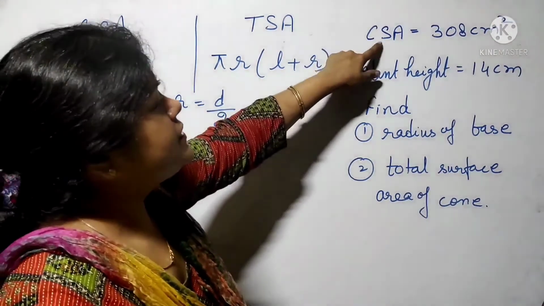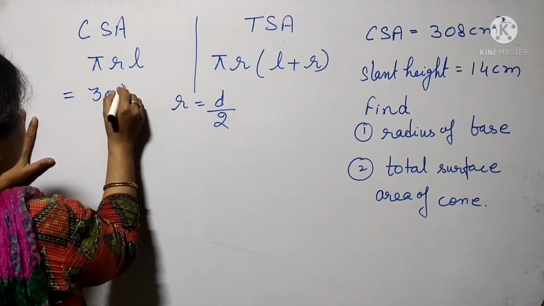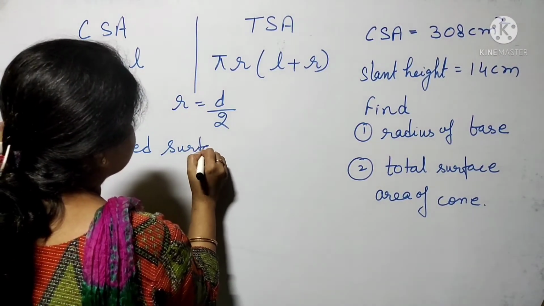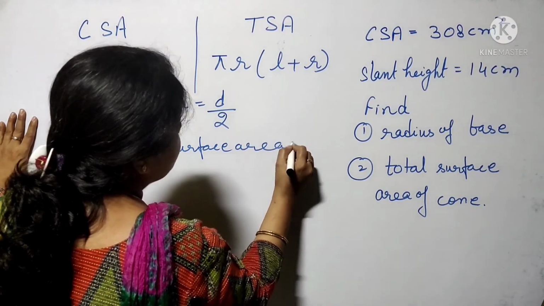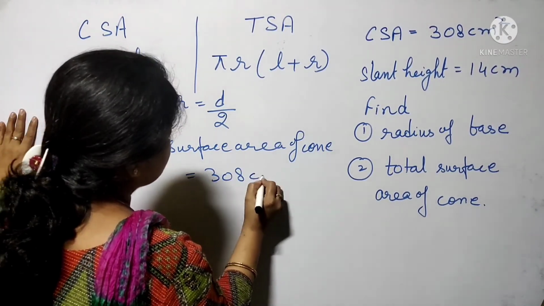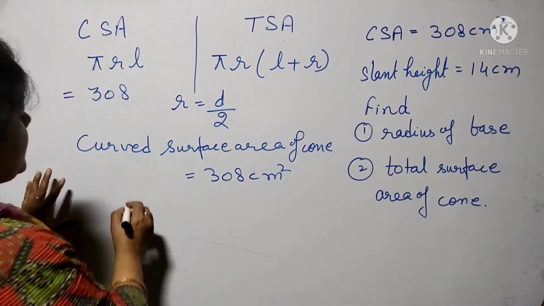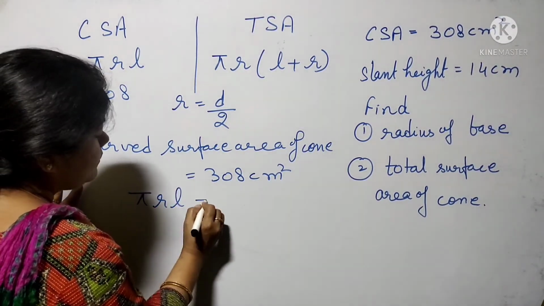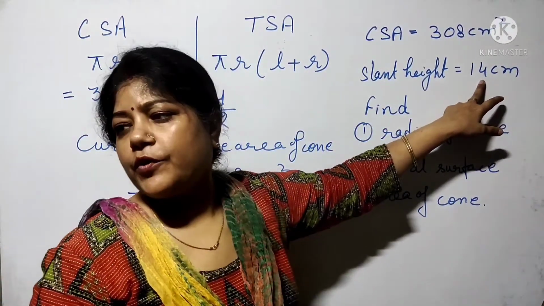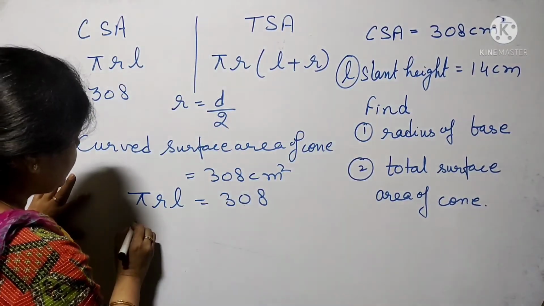Now, it is given that the curved surface area of the cone is equal to 308 centimeter square. What is the formula for curved surface area? That is pi r l. We equate both of them to 308. The value of the slant height is 14, slant height means l, so we substitute here.